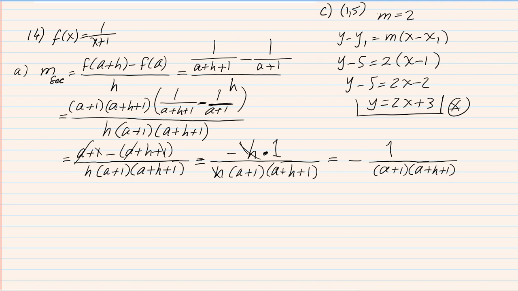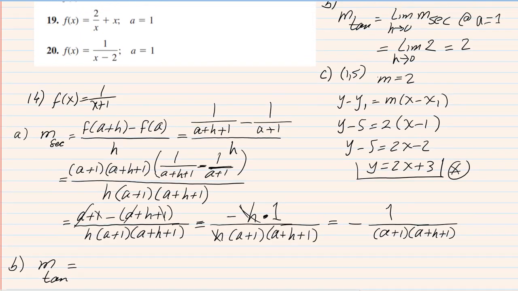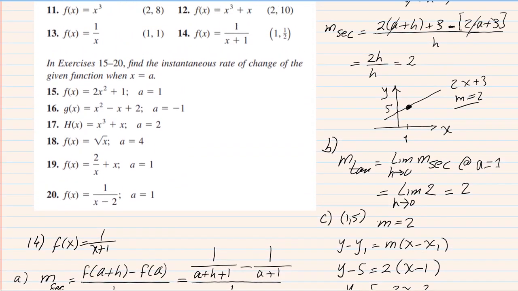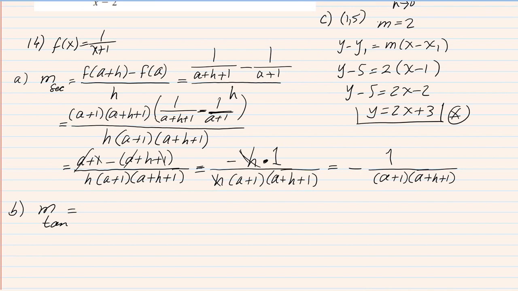Now, in part B, the slope of the tangent line is going to be, and we want that at what point? We want it at the point in number 14, at point 1 and 1/2, right? A is 1. Okay. There we go, at point 1 and 1/2.